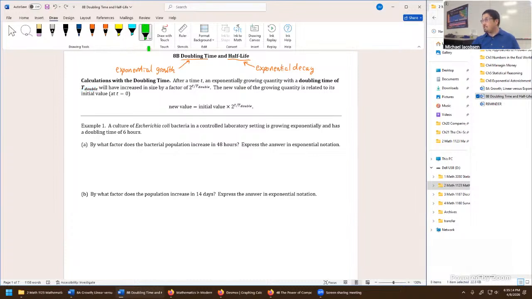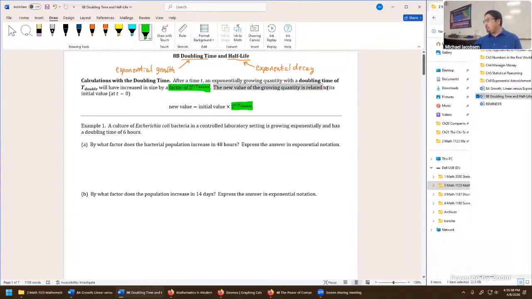Actually, let me highlight this. Something increasing with that doubling time increases by a factor of 2 to the power t over T double. So once we know something is growing exponentially, if we have the doubling time, the time it takes for a value to double, this will tell us how much it increases by.